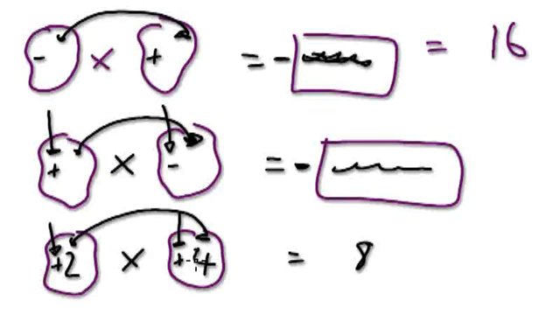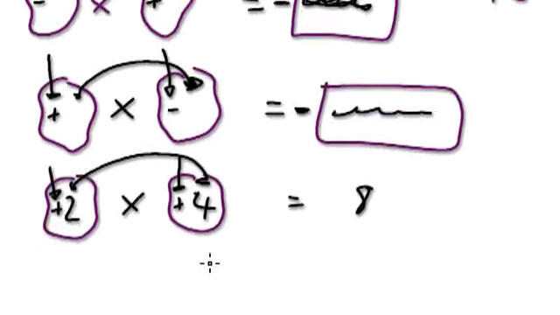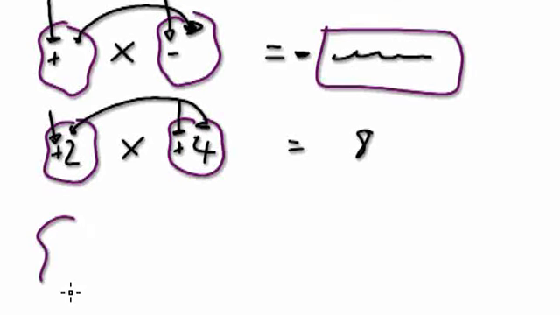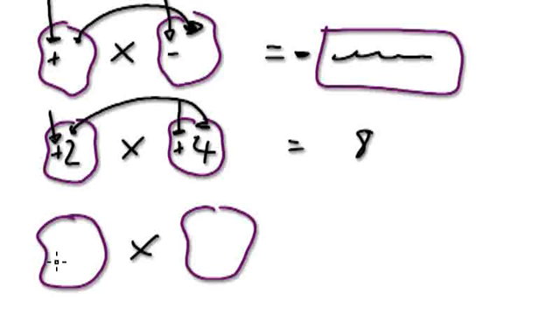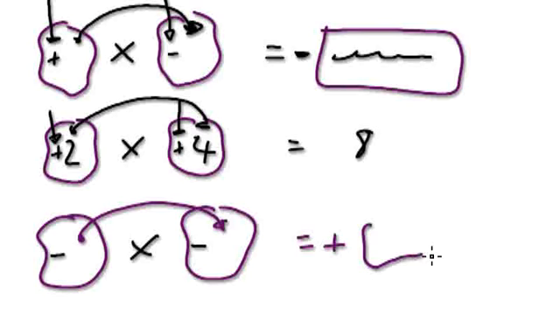But if it's a negative here and a negative here, well, do the number as normal, and then because it's a negative and a negative, it becomes a positive, whatever the answer is. So next video we will practice, and then you will see what I mean.